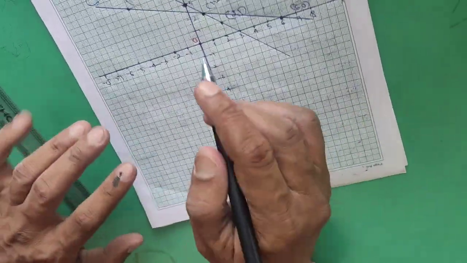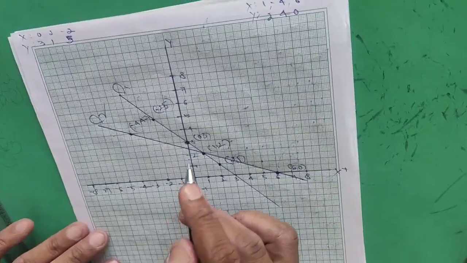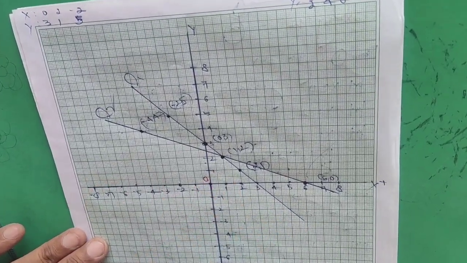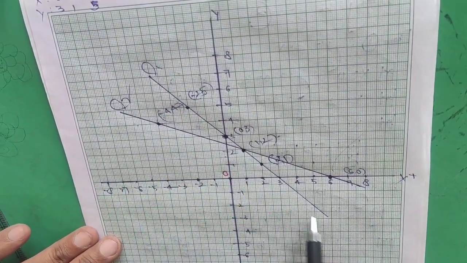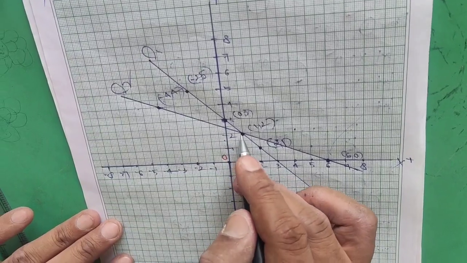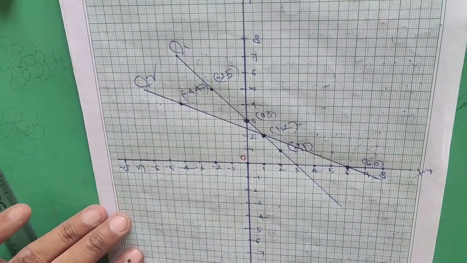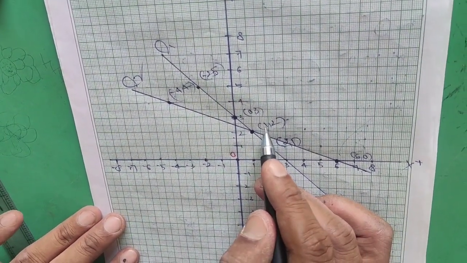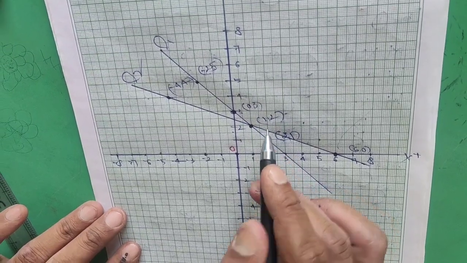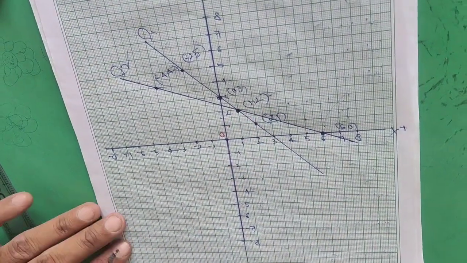Now we check that these two lines intersect at this point. The first line and the second line intersect at the point (1, 2). So the common point is (1, 2), meaning x is 1 and y is 2.